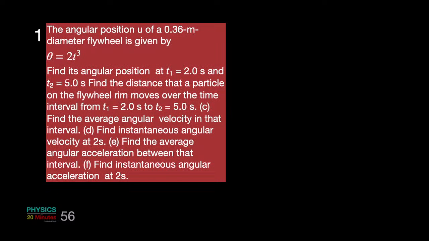So, my first problem is here. The angular position of a 0.36 meter diameter flywheel is given by theta is equal to 2t cube. Find its angular position at t1 equal to 2 seconds and t2 equal to 5 seconds.